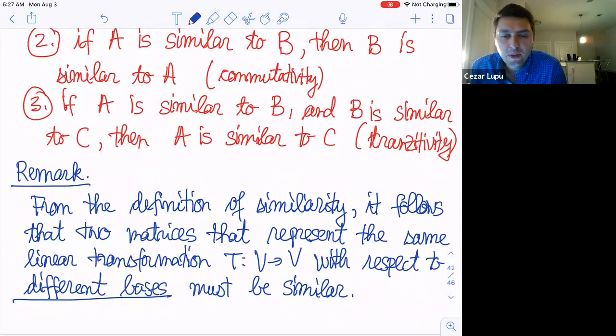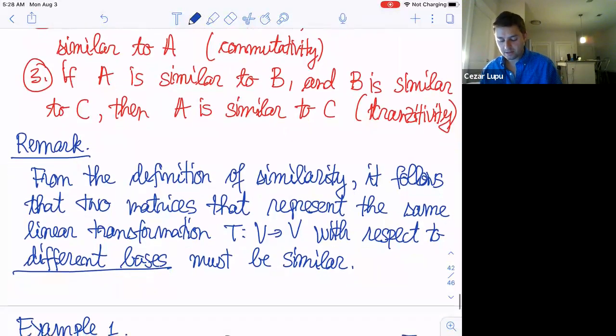It follows that two matrices that represent the same linear transformation T with respect to different bases must be similar. Again, this is quite obvious from the definition. And now let's see some examples.